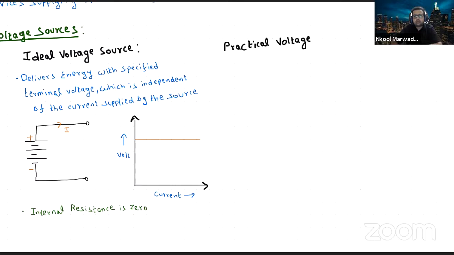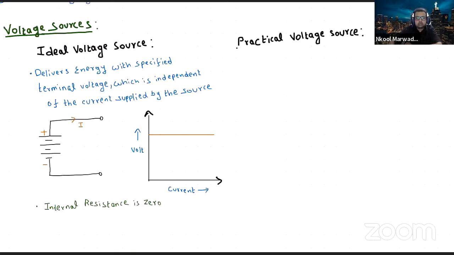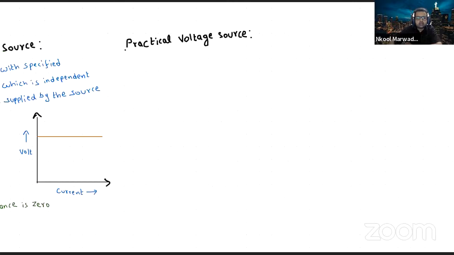Definitely here the voltage is not constant, so straight away I can make the graph. First let me make the circuit.